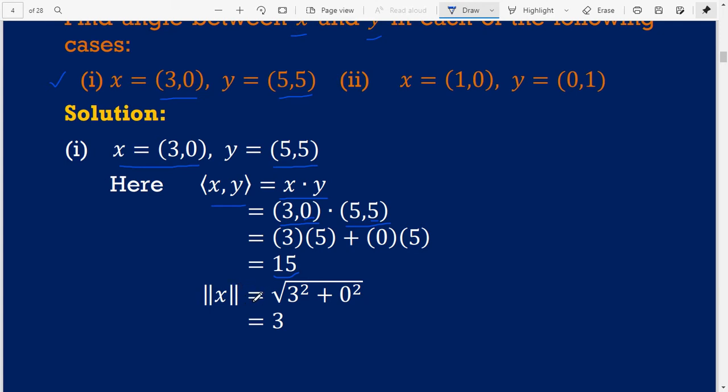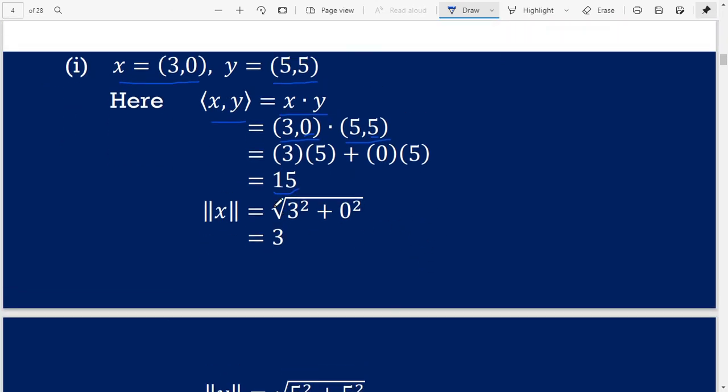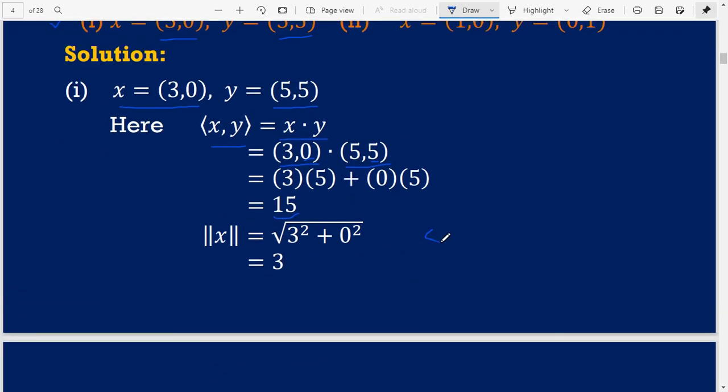under root inner product x with x. So norm x is equal to under root of (3, 0) into (3, 0), which is 3 square plus 0 square.